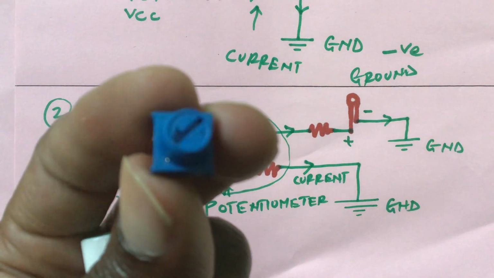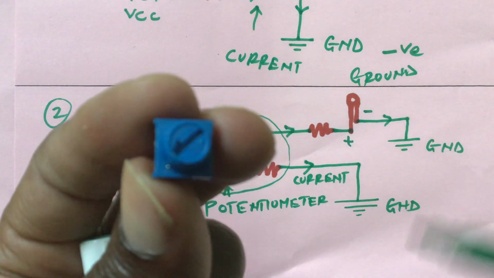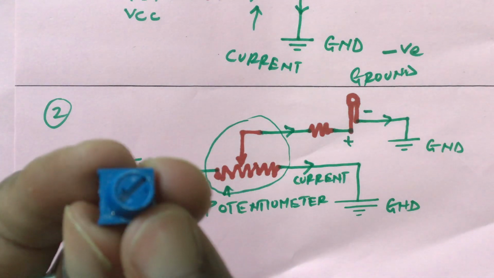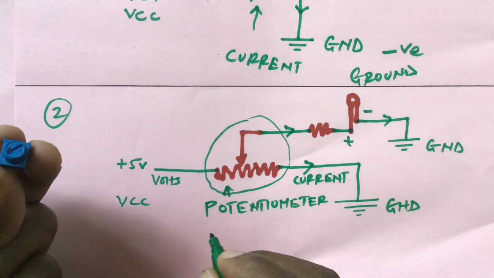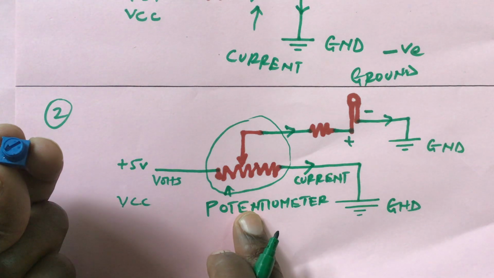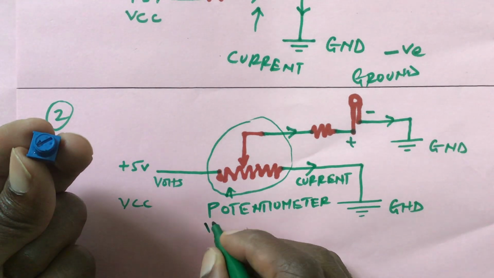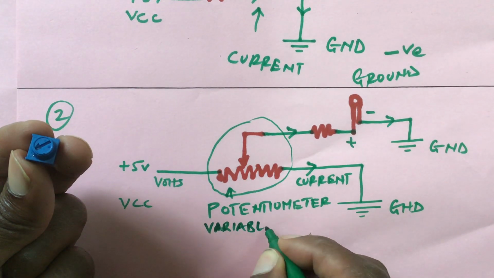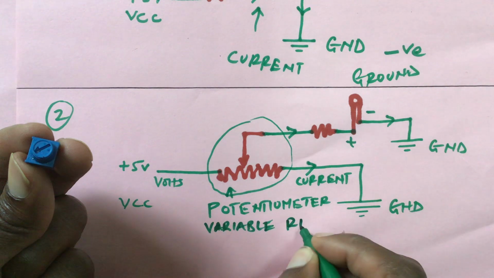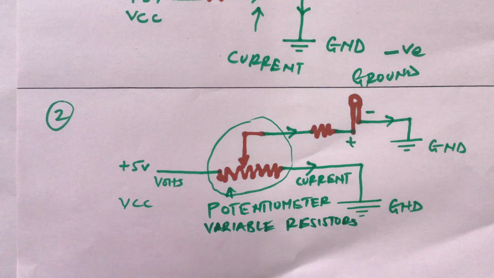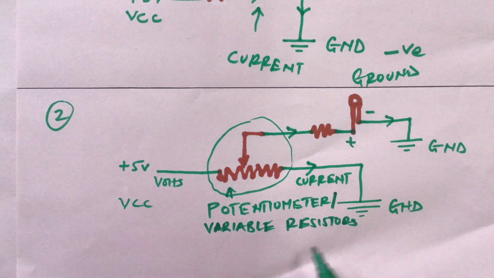Those things you normally turn on your radios to increase the volume or the brightness of anything are not photoresistors, sorry, they are called potentiometers, or variable resistors.